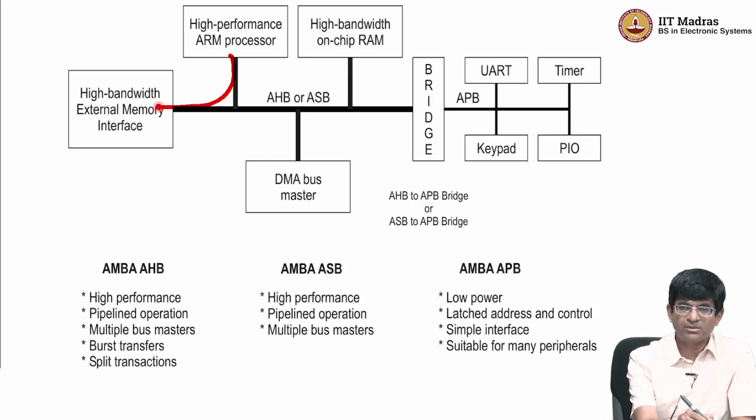You could of course have the CPU talking to a high performance memory, which has a very high bandwidth. You could have high bandwidth on-chip RAM, which the CPU also needs to be able to access. And then finally there is this device out here which is called the DMA, or direct memory access bus master. The main point of a bus master in this context is that it can initiate a transfer.